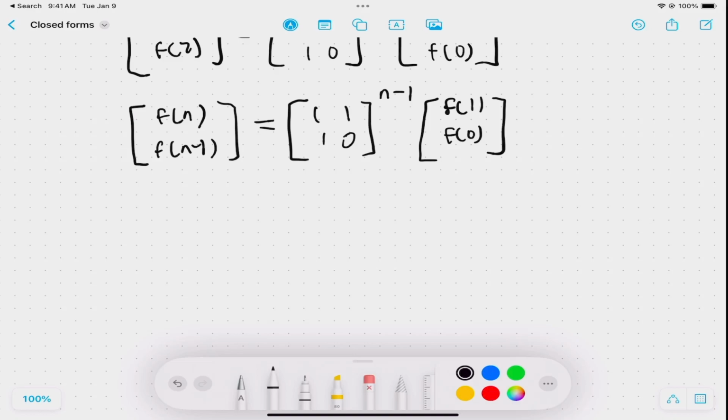So now using matrix diagonalization, which says that if we have a matrix D, we can represent it as a multiplication between three other matrices.